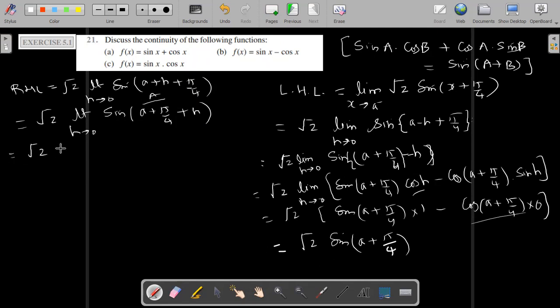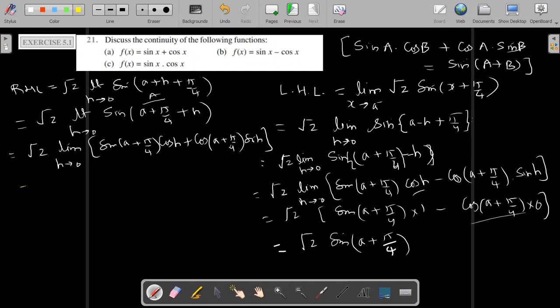So sin(a + b) is sin a cos b plus cos a sin b. So under root 2 limit h tending to 0, sin(a + π/4) into cos h plus cos(a + π/4) into sin h.